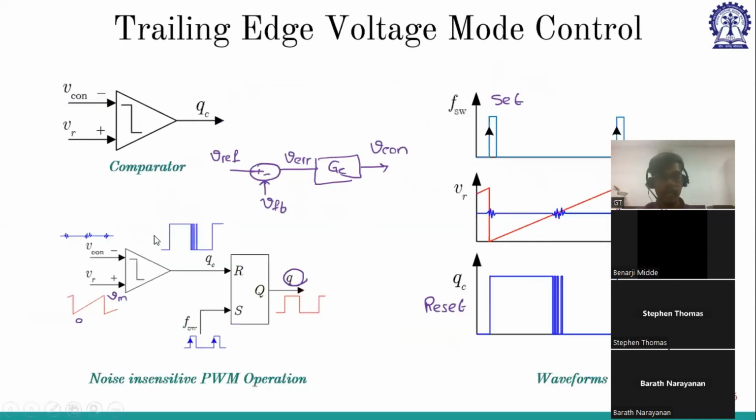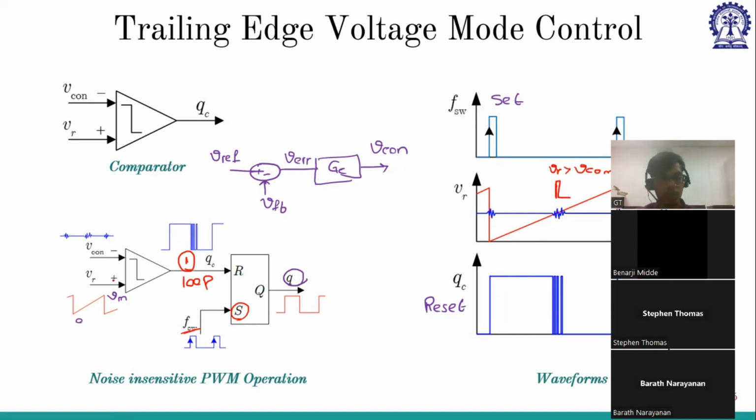See, again, you have to consider this one. The set pulse is coming from FSW, right? So the reset pulse is coming from the control loop. So when the reset pulse becomes 1, you can say the reset is coming at this junction. So at this point, VR is greater than VComp, right?